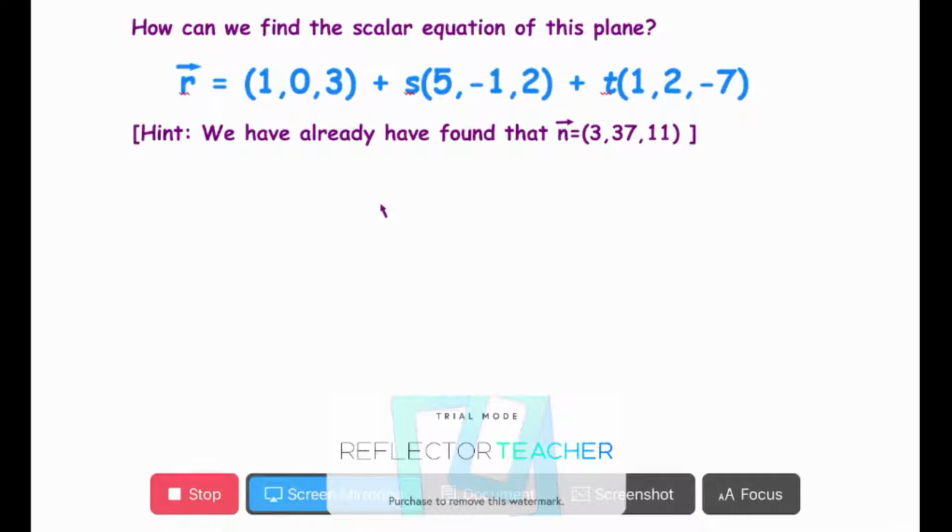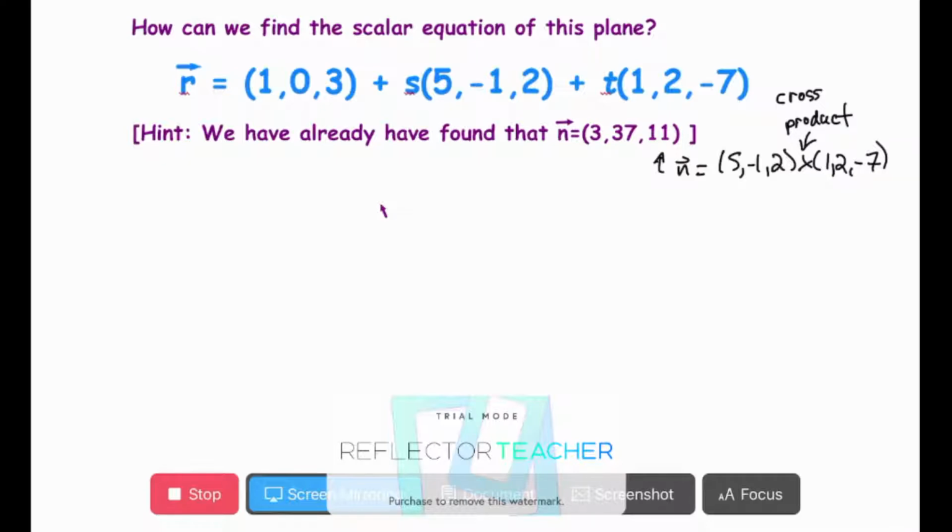But basically, as a quick reminder, we found n by finding the cross product of our 2 direction vectors. So 5, negative 1, 2, cross 1, 2, negative 7. So I'm not going to redo that. You can scroll back up or rewind in the video to review that process if you like.